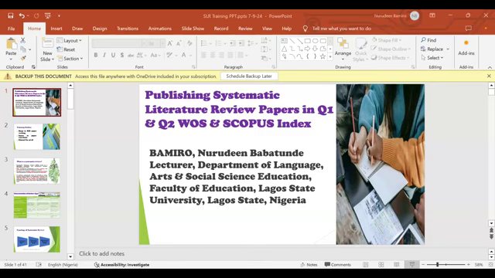This requires that we understand some of the dynamics involved in writing quality papers in these areas and how we can get them published.